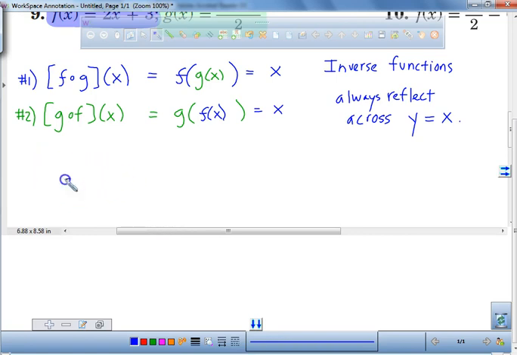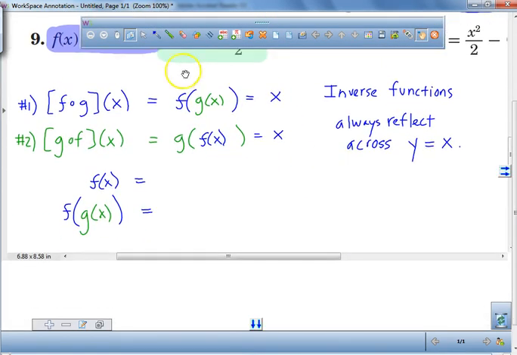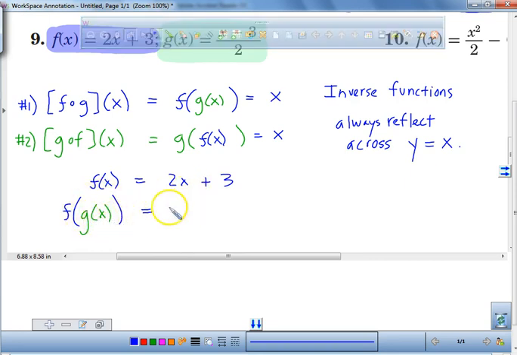Number 1. We're going to do f of g of x first. Now what's f of x just by itself? F of x is 2x plus 3. But now we're going to do what? We're going to replace the x value right here with g of x.